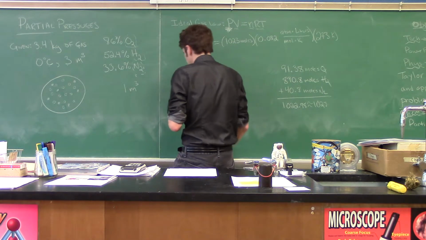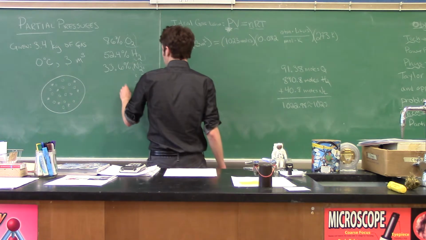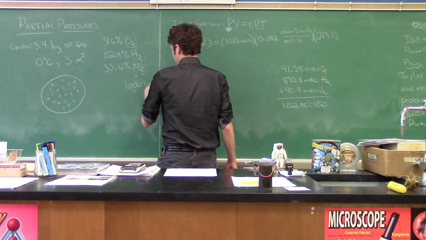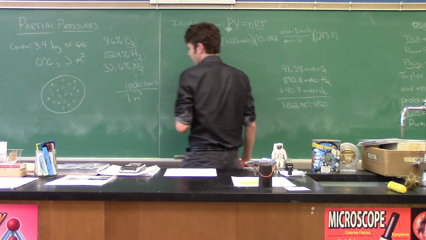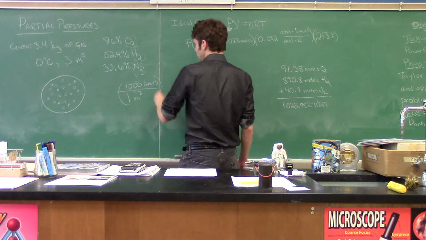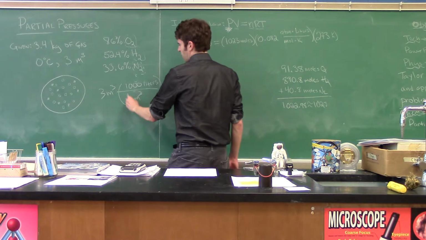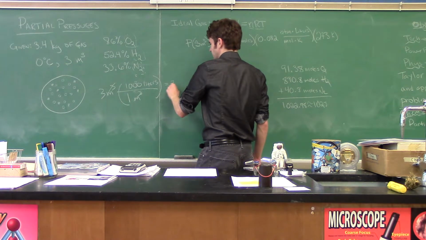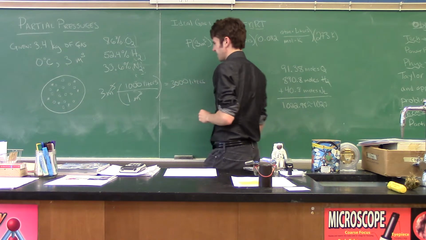Actually, I'm going to write it in a better way: 1,000 liters per 1 cubic meter. We can multiply that by 3 meters cubed, so our meters cubed cancel out and we're left in liters. 3 times 1,000 is 3,000 liters. There we go.